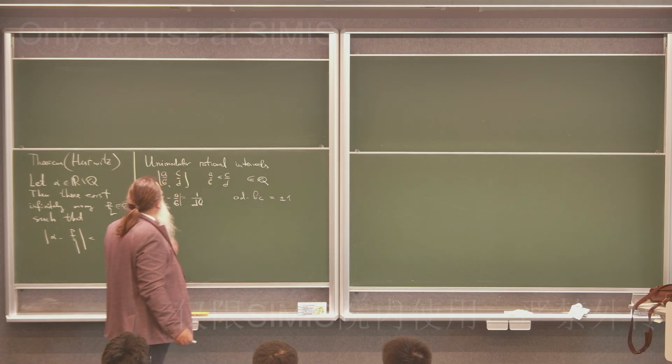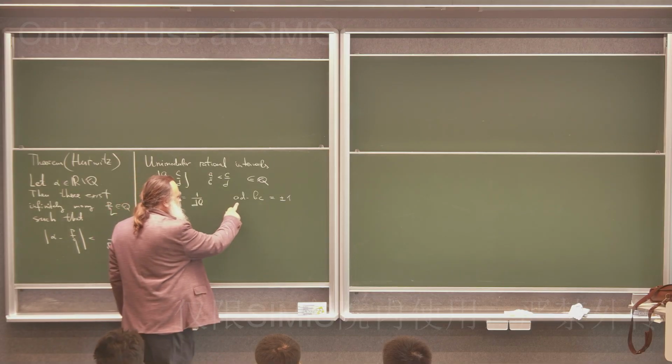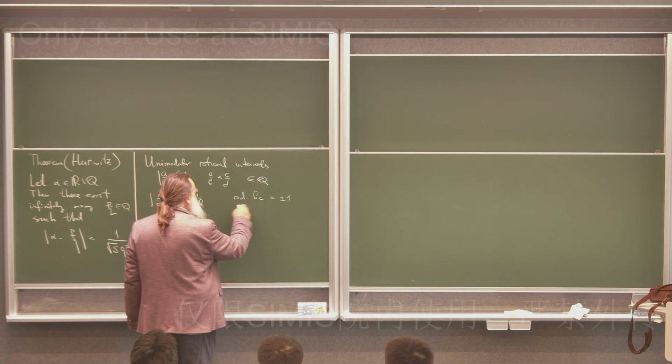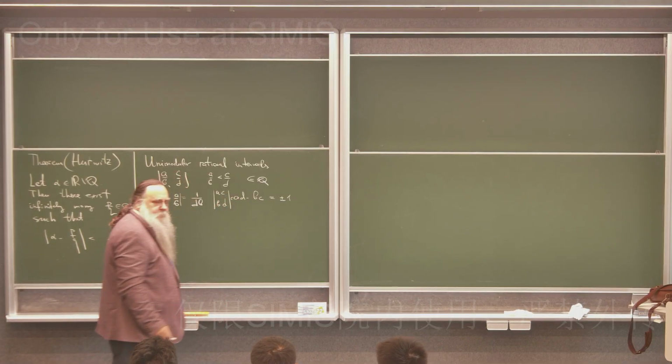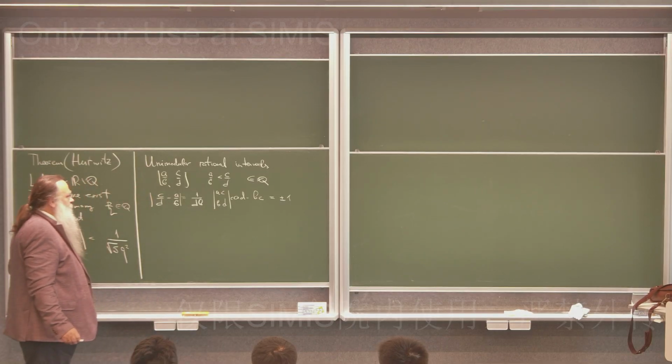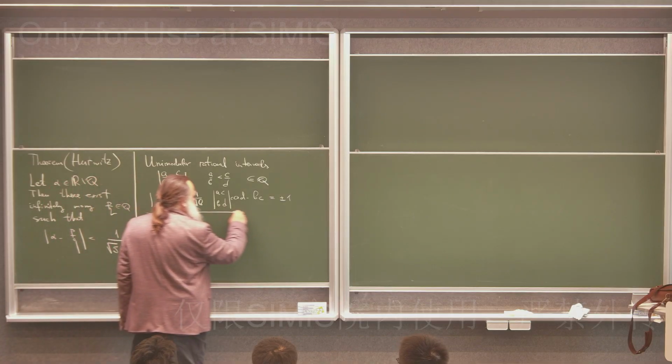I do not want to think which of the numbers is larger. And what is this? This is a determinant. For those who know what a determinant is, this is a 2 by 2 determinant. And so this is the definition of unimodular intervals.